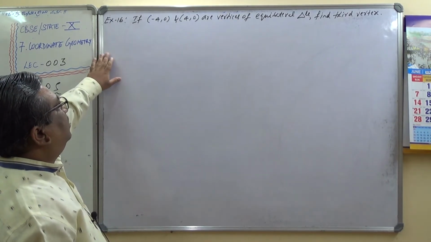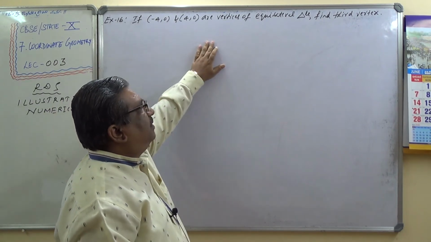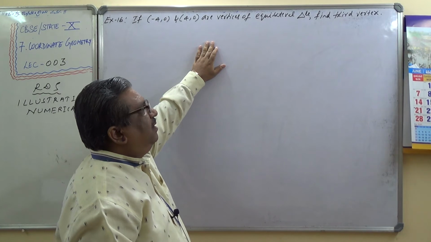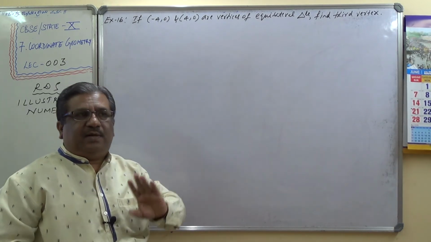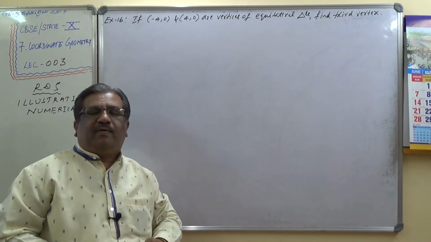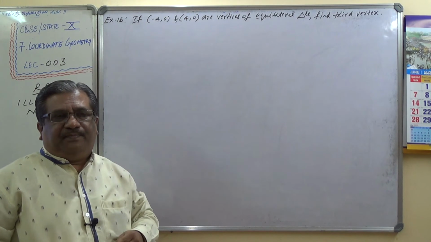Example 16. If these two are the vertices of an equilateral triangle, then find the third vertex. In a triangle, you know 2 vertices, and the third vertex is to be found out. The given condition is that it is an equilateral triangle.